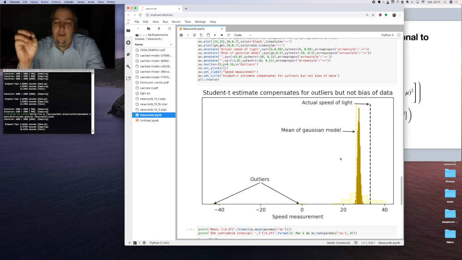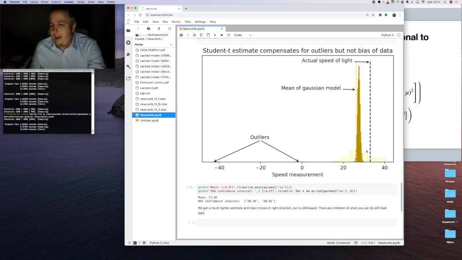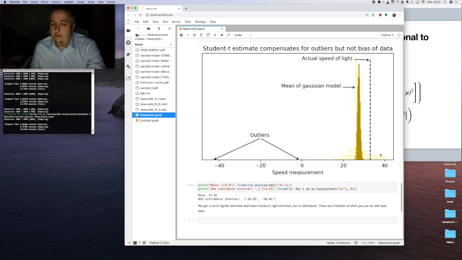And what happened here? Well, our outliers haven't changed. We have not got the speed of light correctly anyway. Why? First of all, the experiment was bad. This is an old experiment from the 19th century. And we have improved over our Gaussian model because, as you can see here, the mean of the Gaussian model is to the left of the mode of our distribution.